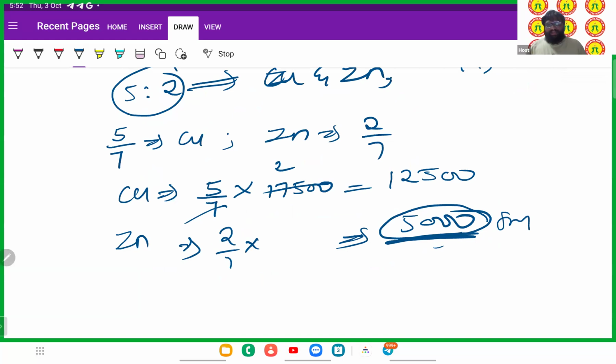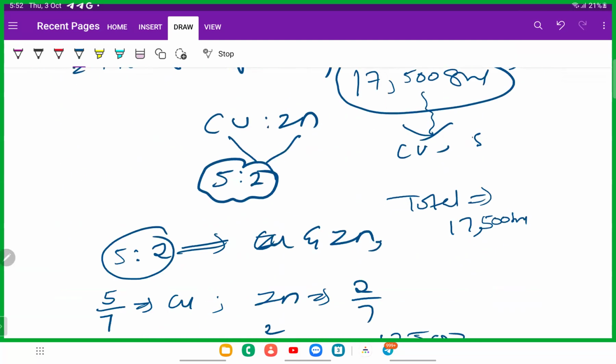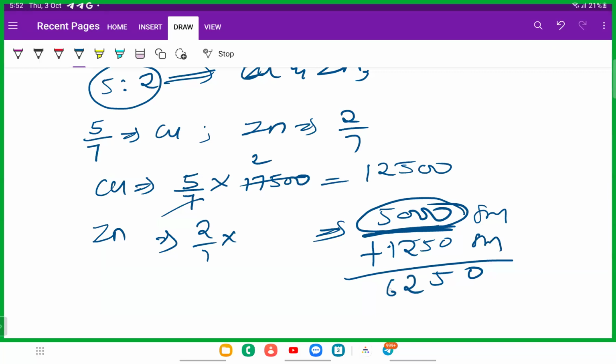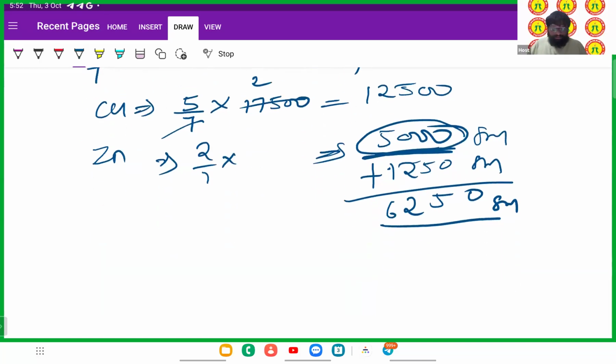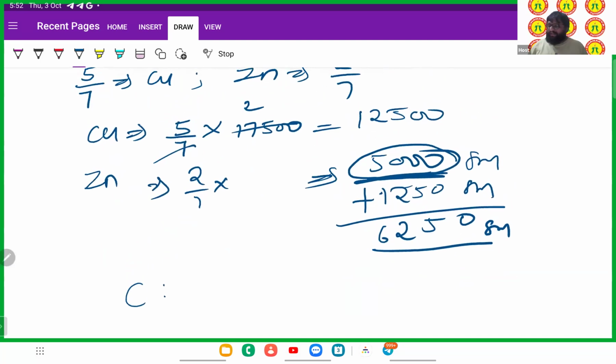For this zinc, how much am I adding additionally? 1,250 grams, exactly. So that will be 6,250 grams. Now copper will be the same anyway, that is 12,500.